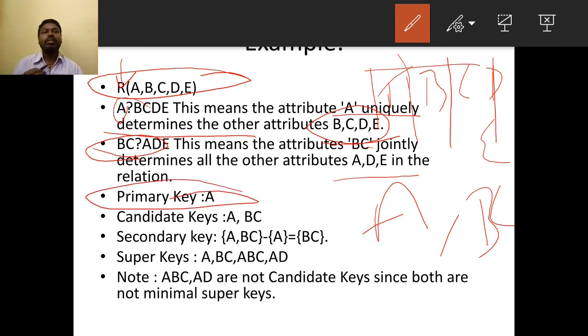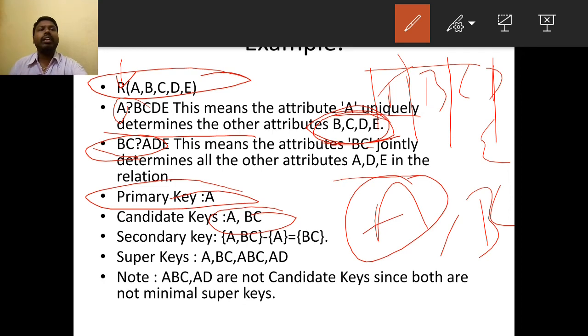Why? Because A is a candidate key and it is the appropriate main key. How is it appropriate? If I take A, I can determine all other columns B, C, D, E. Next, A and B, C: these two sets are called candidate keys.